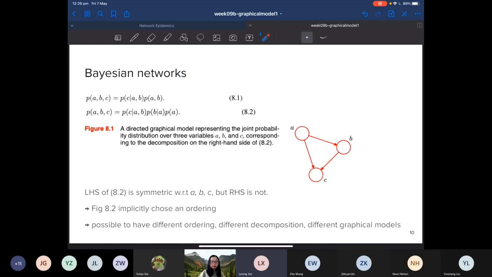So for the same joint distribution, it's possible to have different orderings. For example, if we flip the direction of every single arrow, it's still a valid representation, and we can essentially just flip the order of A, B, and C in 8.2, and it's still a fully general representation. We can also have different decompositions and different graphical models, right?